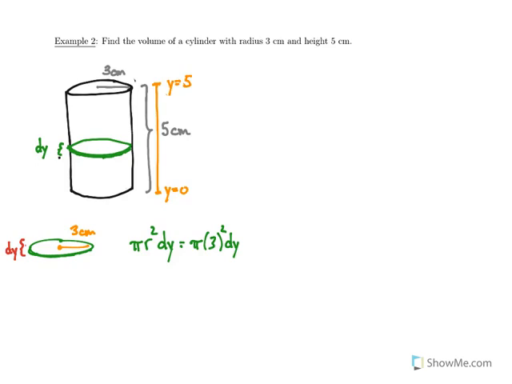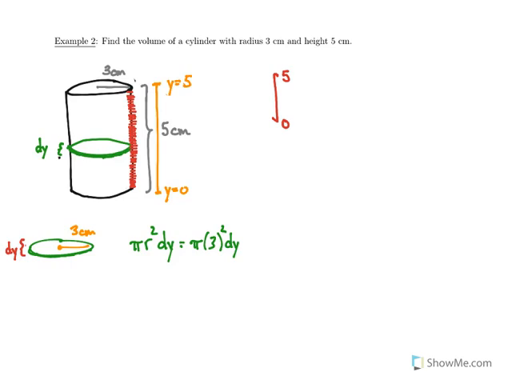So what we're going to do is this volume is going to be the integral from 0 to 5. We're going to have a slice for every y value all the way from 0 to 5. We drew one of those right there.